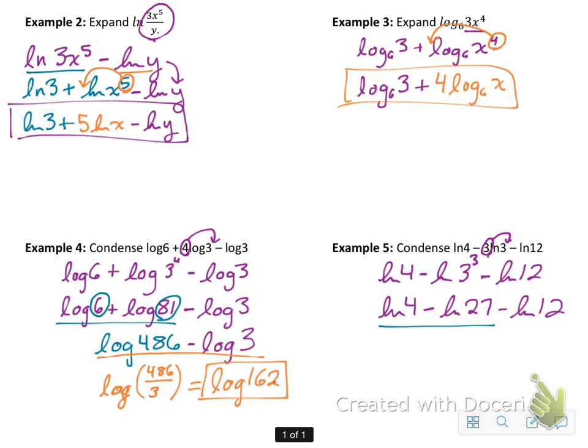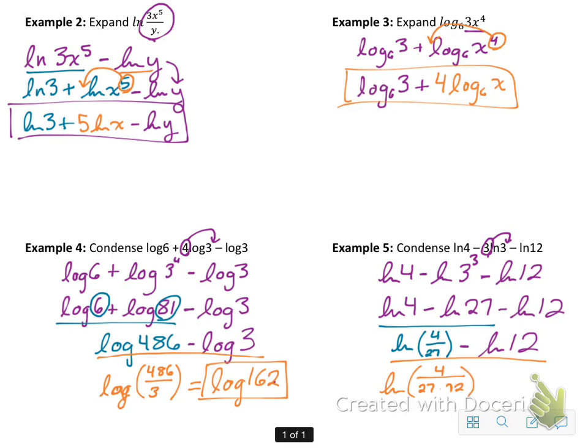The natural log of 4 minus the natural log of 27 will become the natural log of 4 over 27 minus the natural log of 12. Now watch very closely. This is going to change, again, into division, but when you divide these, that 12 will go in the denominator with the 27.